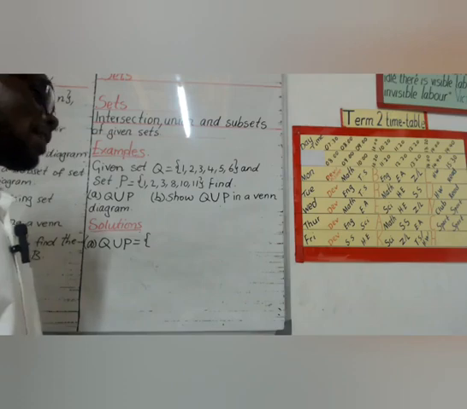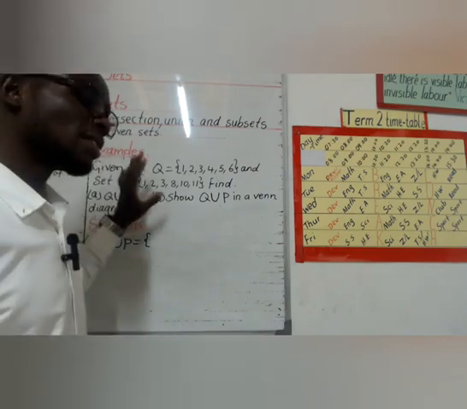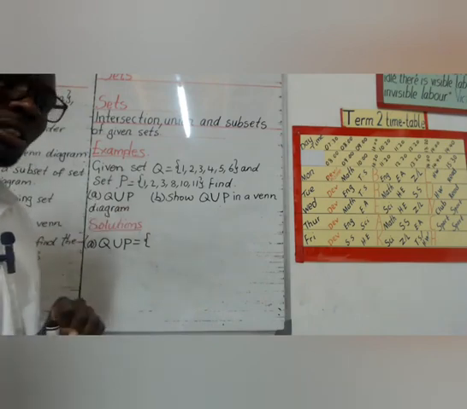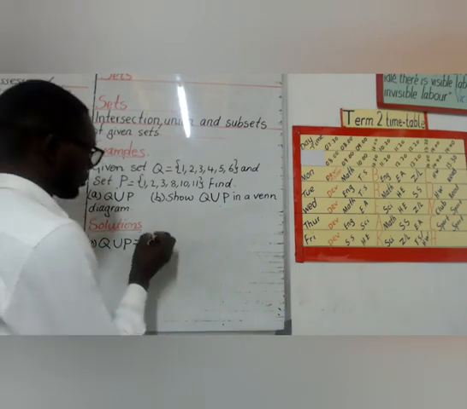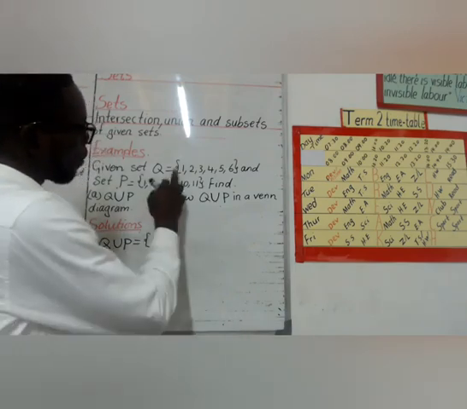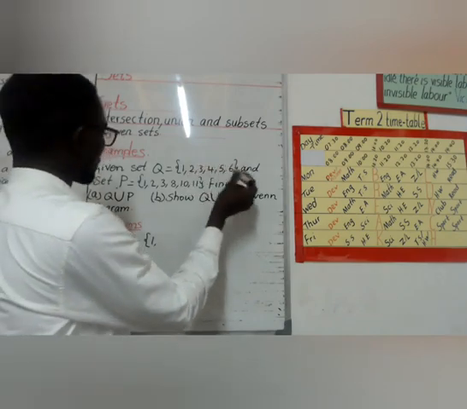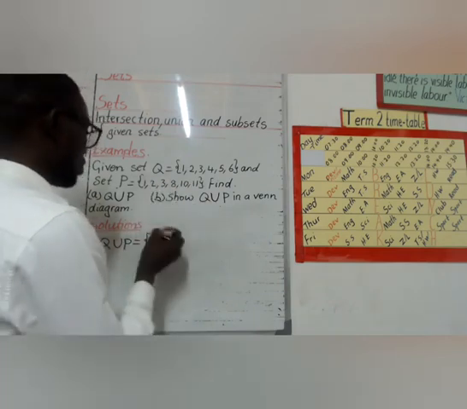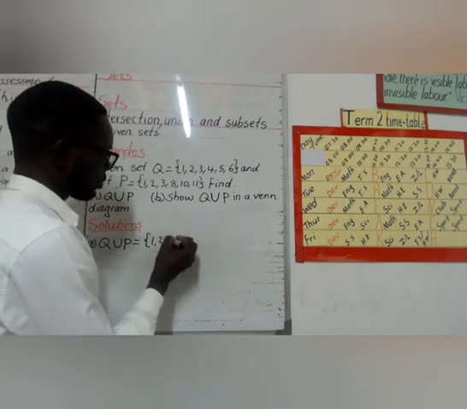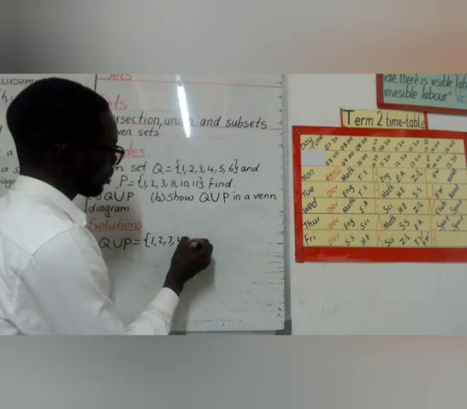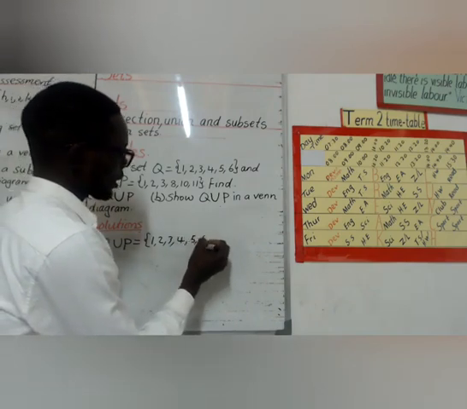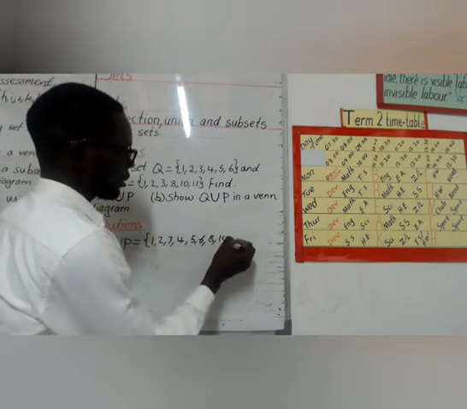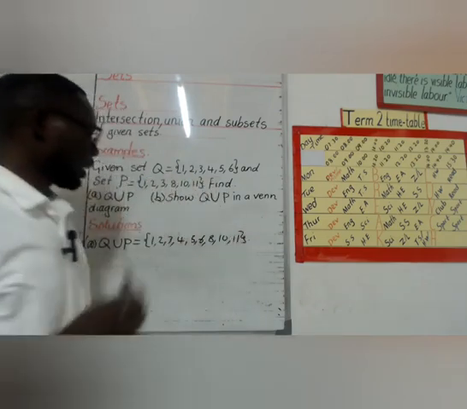So, this simply means we shall list all the members in set Q and the members in set P. Okay, here we go. 1, 2, 3, 4, 5, 6, 8, 10, and 11, like that.